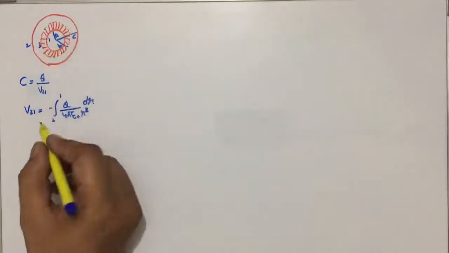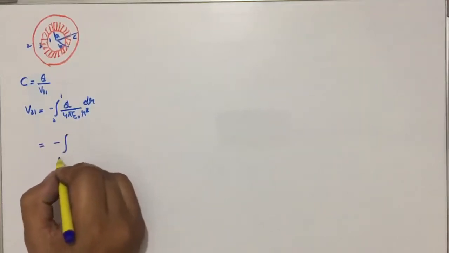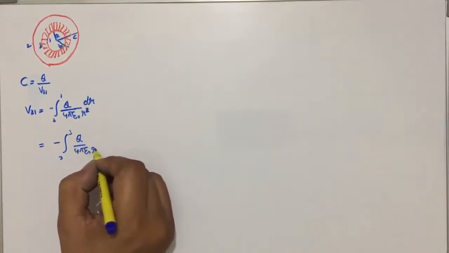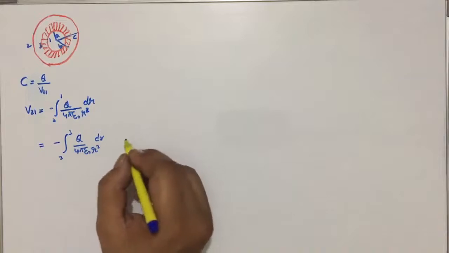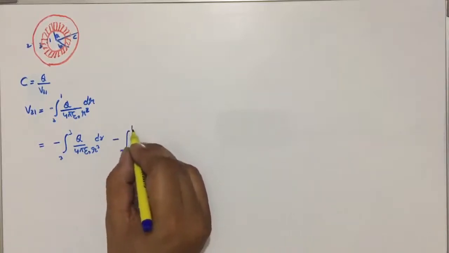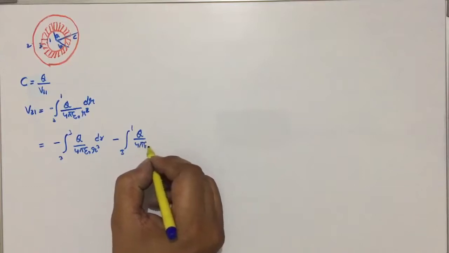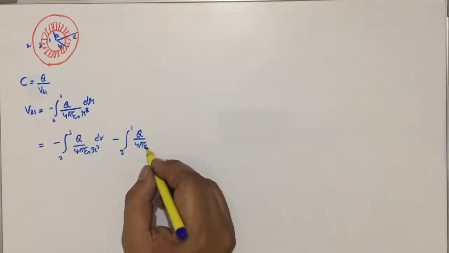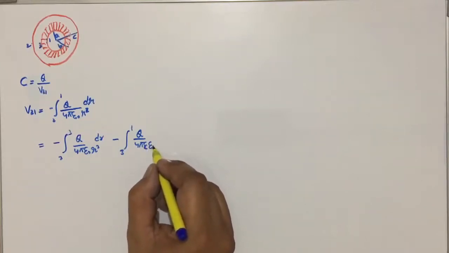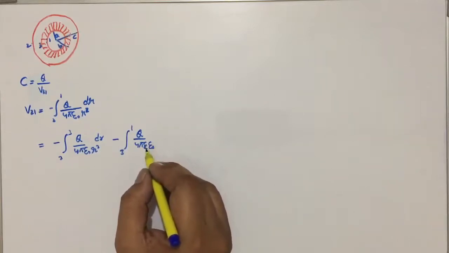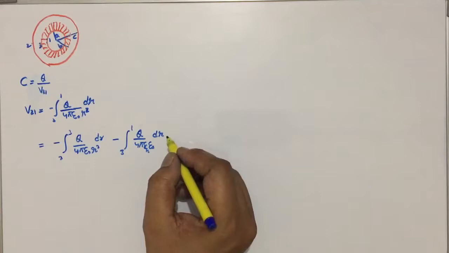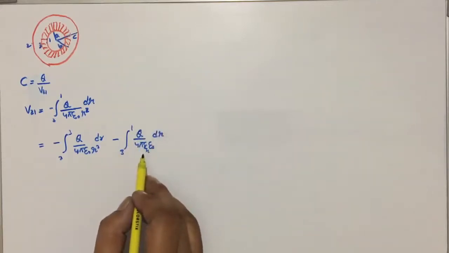For 2 to 3, it is q by 4 pi epsilon naught r square dr, and from 3 to 1, it is q by 4 pi epsilon, and here epsilon will be epsilon naught multiplied with epsilon. Relative permittivity will be included in this as well, so it can be written as epsilon r, dr. Hope it is understandable to everyone.